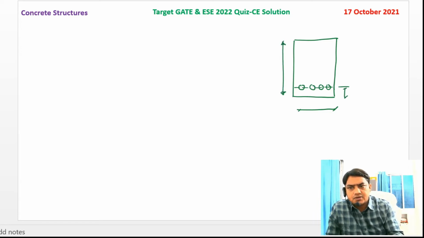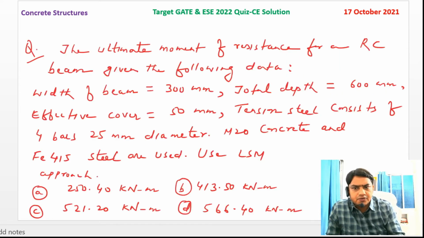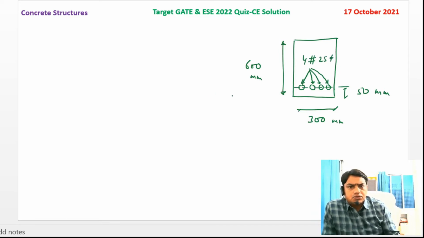Total depth is 600 mm, width of the beam is 300 mm, effective cover is 50 mm, and 4 bars of steel having a diameter of 25 mm.